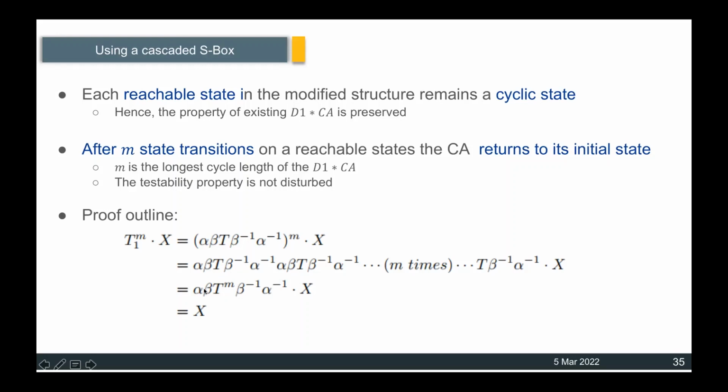Gradually you will find that you have alpha beta T to the power of m, beta inverse, alpha inverse. And since T to the power of m is I, because you essentially have this cyclic structure, this will go, and therefore again beta and beta inverse will get cancelled out, and alpha inverse will get cancelled out, and you will be left with the original state x. So you still have a cycle length of m, and this applies to all the cycles that you had in your original state transition graph.